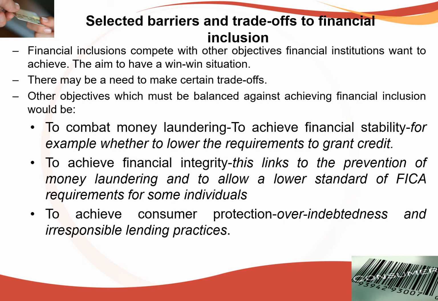So you want to include certain individuals as part of the formal financial sector. So you, for example, want to give a person a credit card. But to what extent can you provide a credit card to a person where that person fails to provide sufficient proof of income? This is definitely a catch-22.